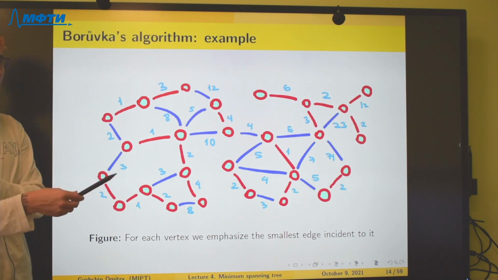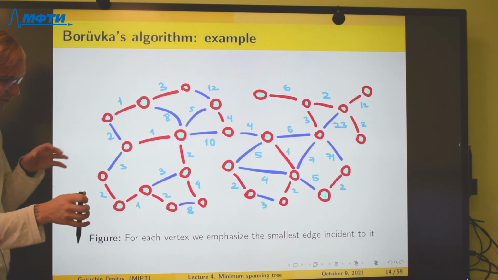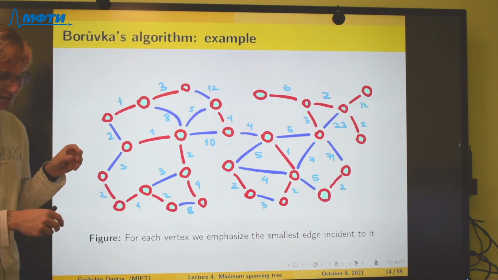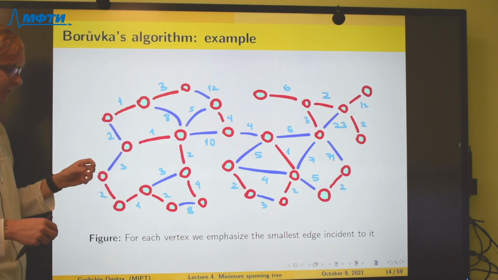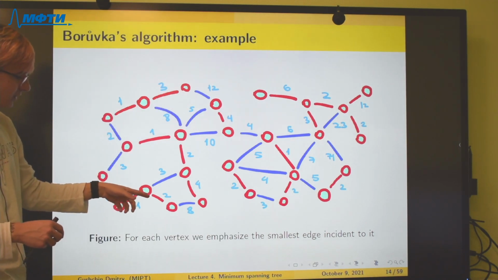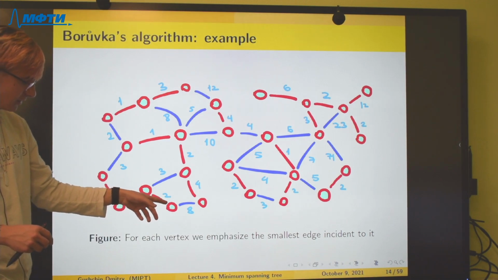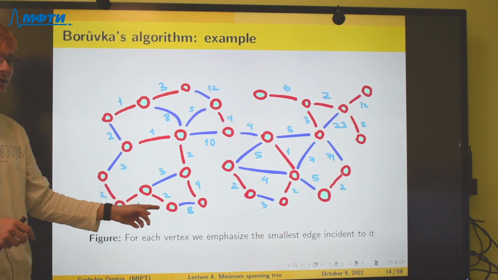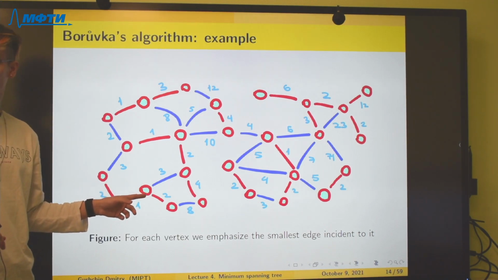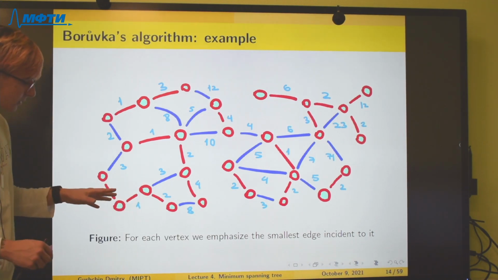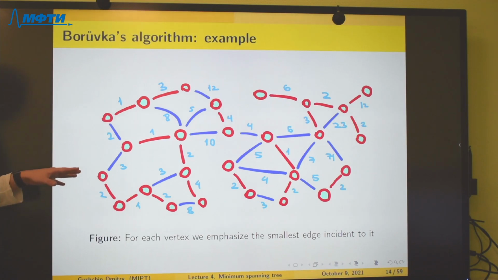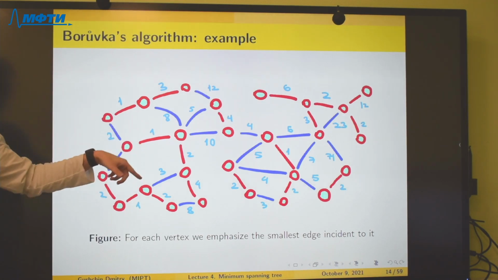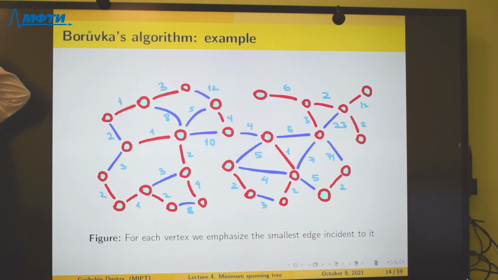And of course, when we add, we need to union components, and firstly try to find if these components are equal, of course. So we cannot get a cycle in the component.